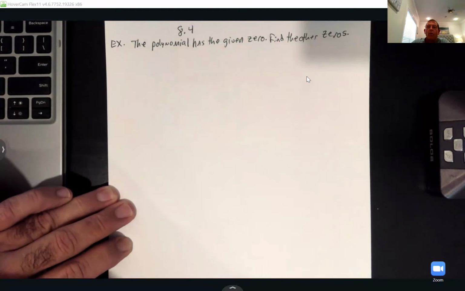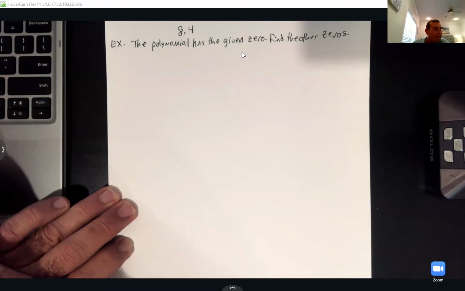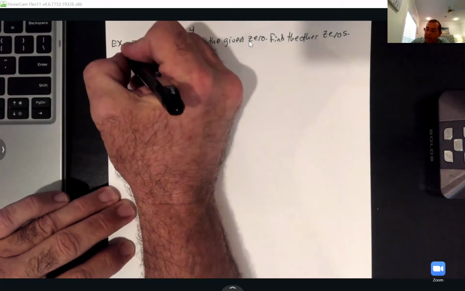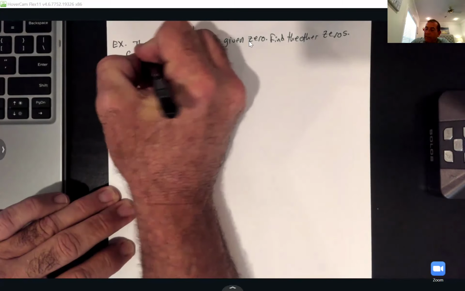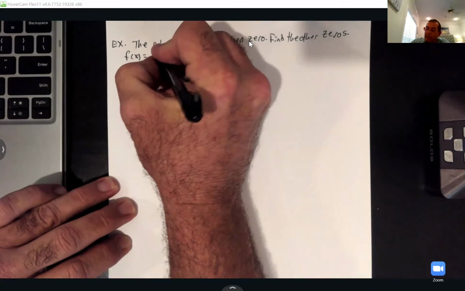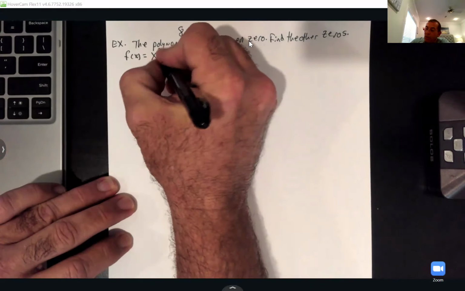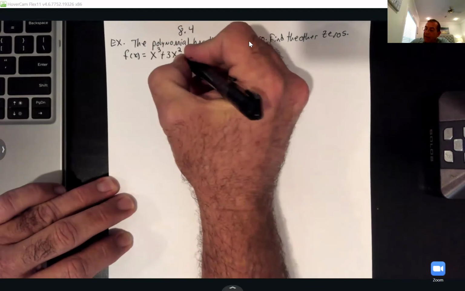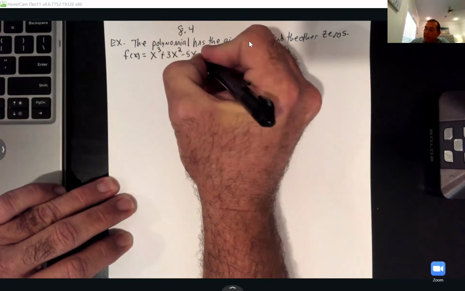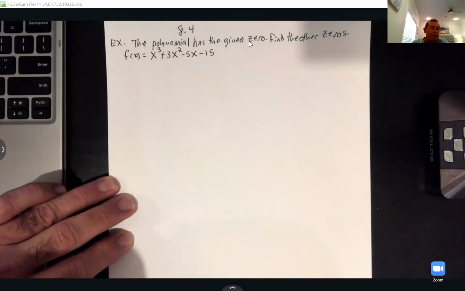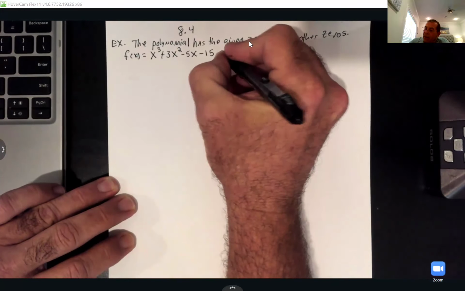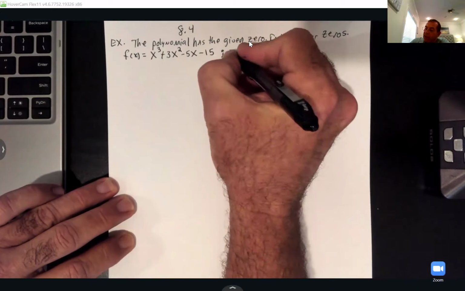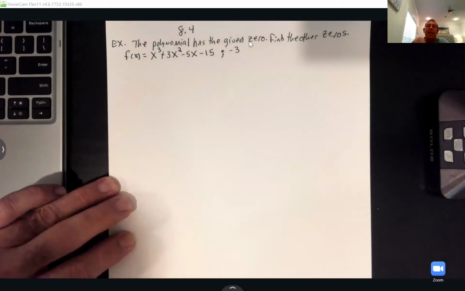So our polynomial, let's see, y'all, the polynomial is f of x equals x to the third plus 3x squared minus 5x minus 15. Now, the zero they're giving us is -3.